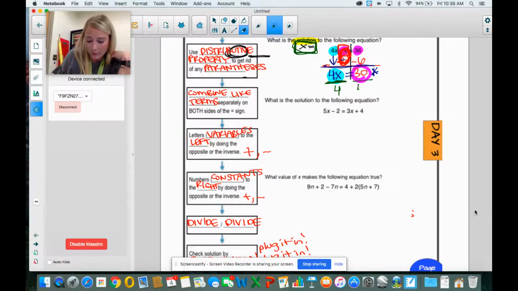So divide by 4. And then 4 divided by 4 gives me a big fat 1. I'm going to slide it over here. So all I have left on that side is just an x. I have one x basically. And then I would do 30 divided by 4 in my calculator. So I'll let you plug that in.